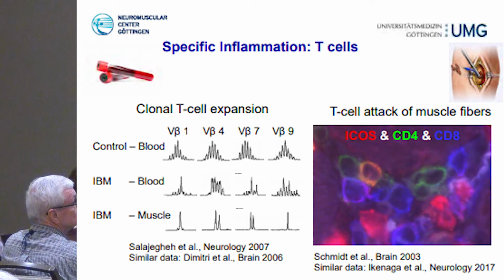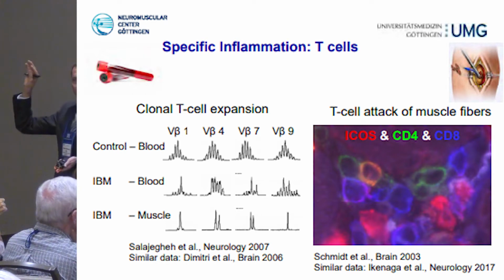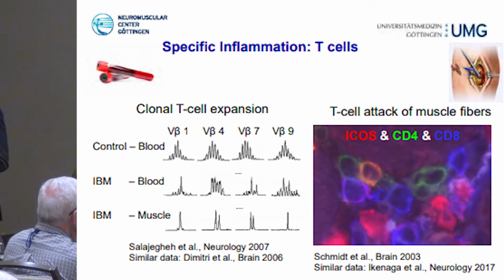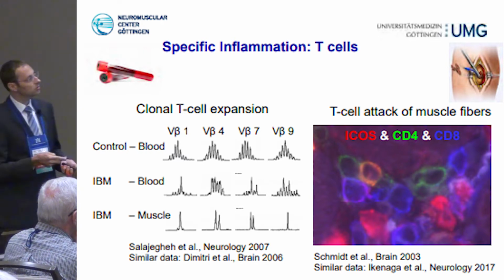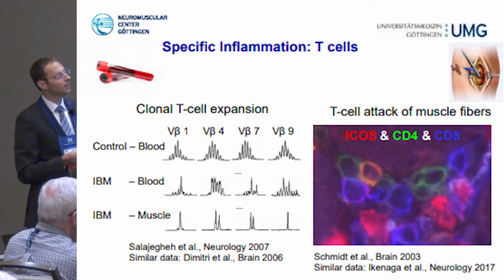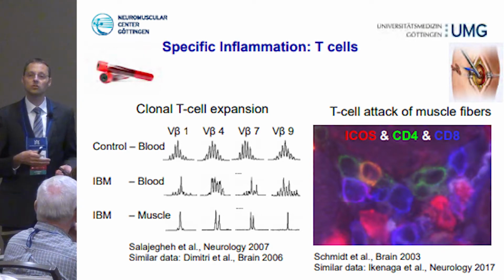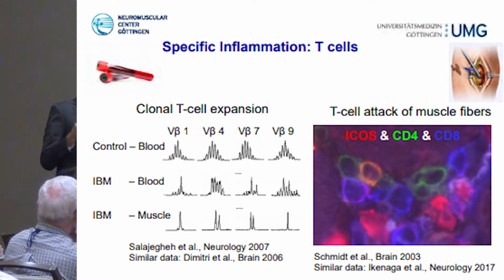This cartoon shows that there are certain molecules on the surface of these cells. It's called ICOS. You don't have to remember, but for those of you who are interested, this is inducible co-stimulatory signal, and this is an activation signal.